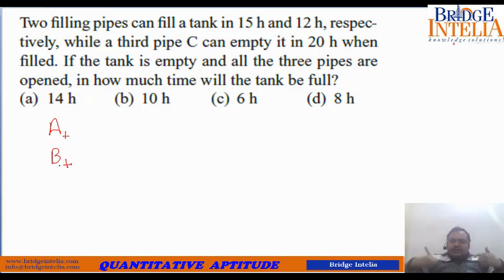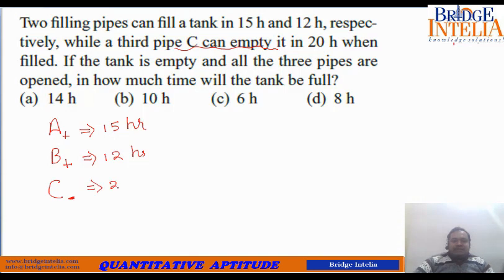Plus symbol means positive work. So the first pipe can fill in 15 hours. The second one can fill in 12 hours. The third pipe is an outlet pipe, emptying. Its job is to empty, outlet pipe.